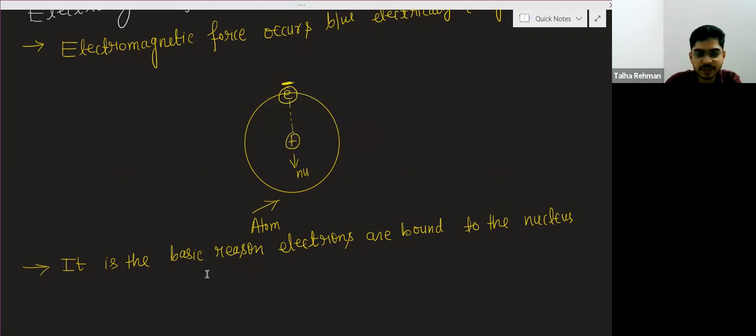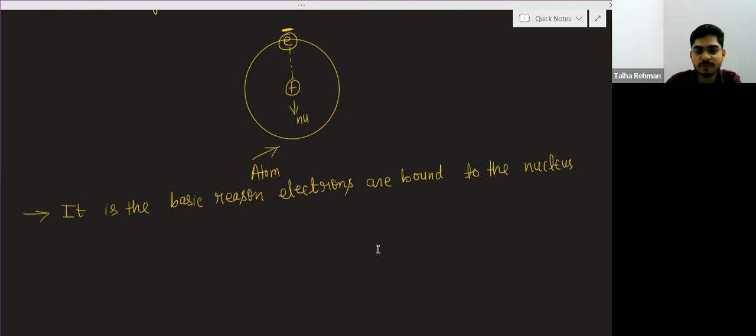It is the basic reason electrons are bound to the nucleus and responsible for the complete structure of the atom.